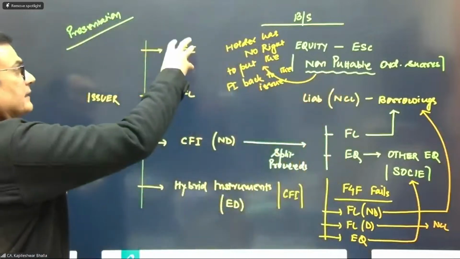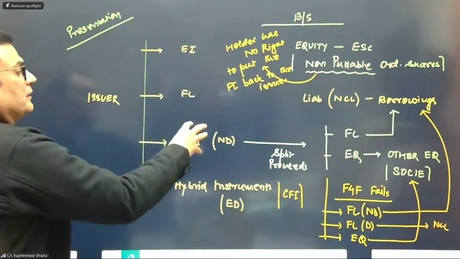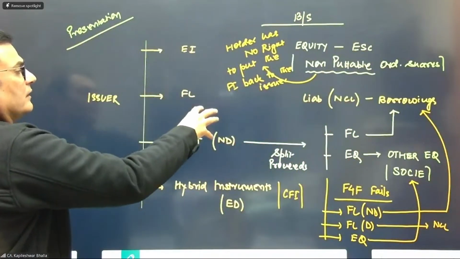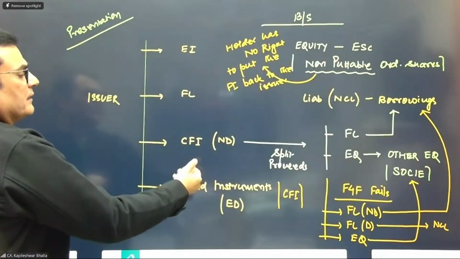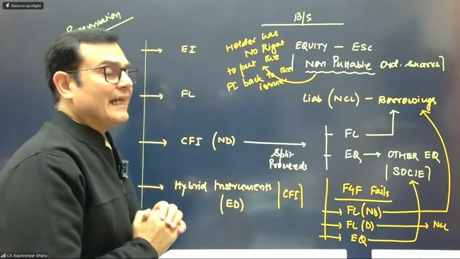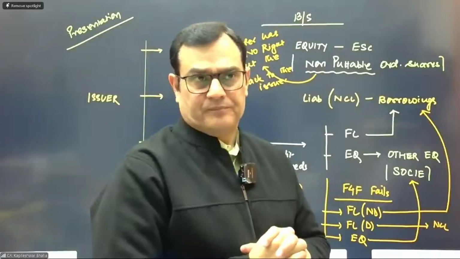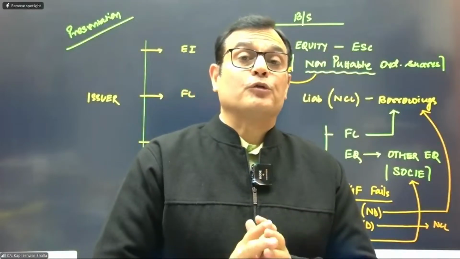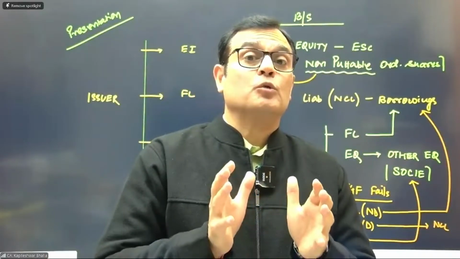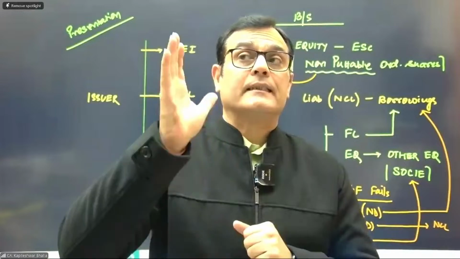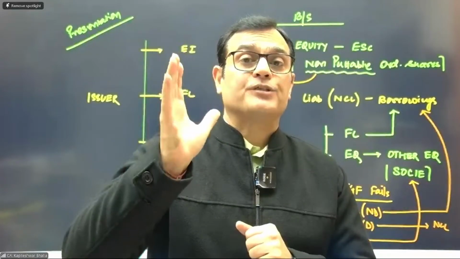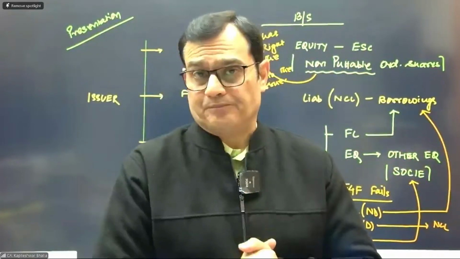So equity, financial liability or CFI are all non-derivative instruments. The hybrid contains a derivative and a non-derivative element. We've already seen the three-step model with the help of which you determine whether it is equity, FL, CFI, or hybrid in nature.